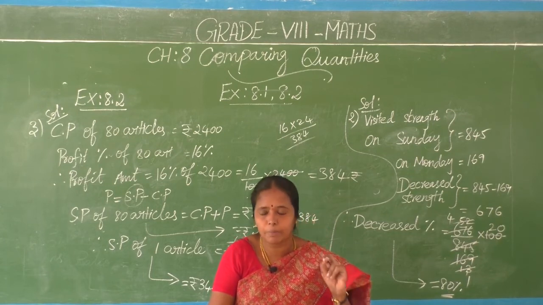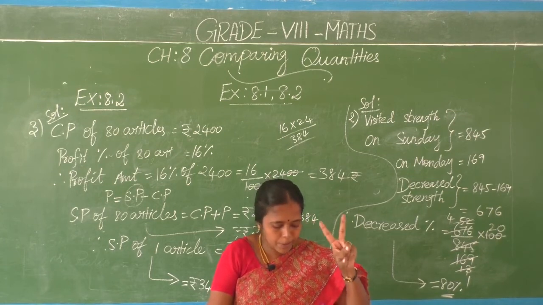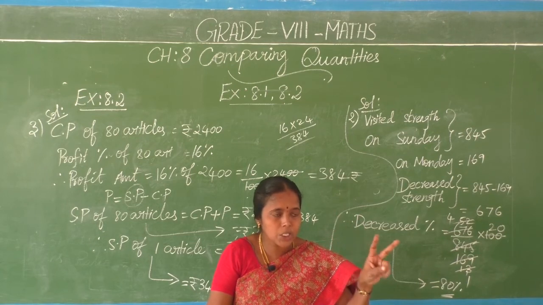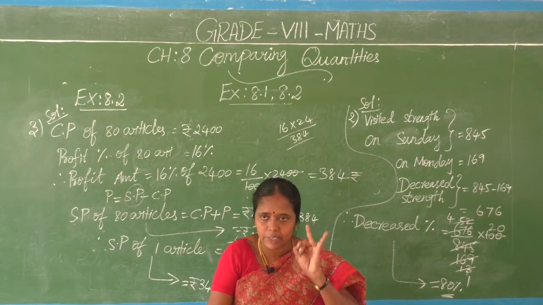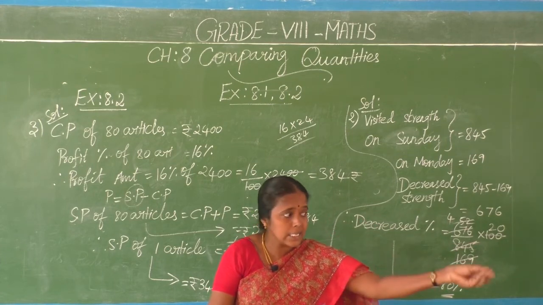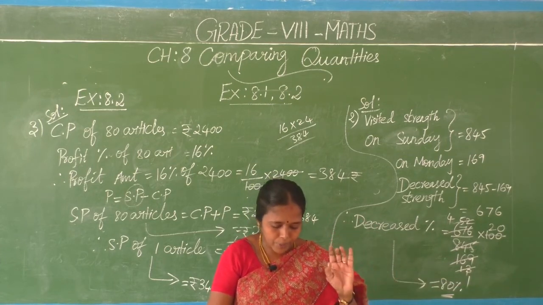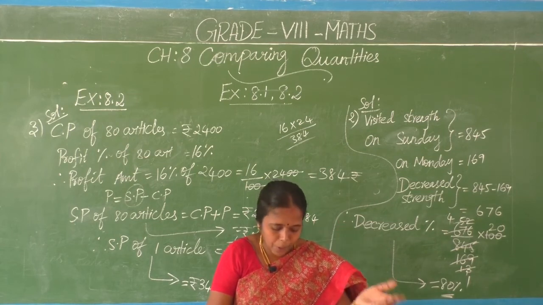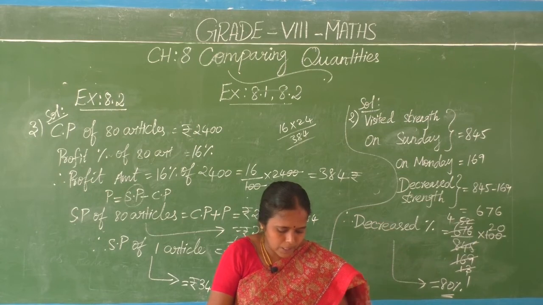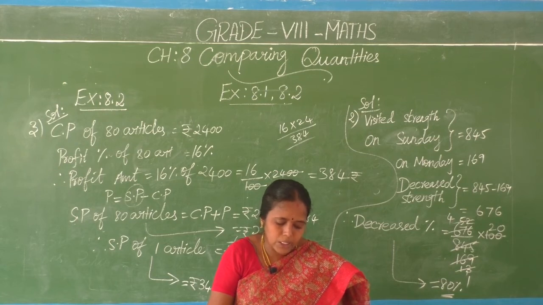Two items you are buying. The shopkeeper purchased two items, each costing 8,000 rupees. One is a VCR, another one is a TV. Both costs are 8,000. Again, the shopkeeper sells them to other people. At that time, the shopkeeper made a loss of 4% on the VCR and a profit of 8% on the TV.